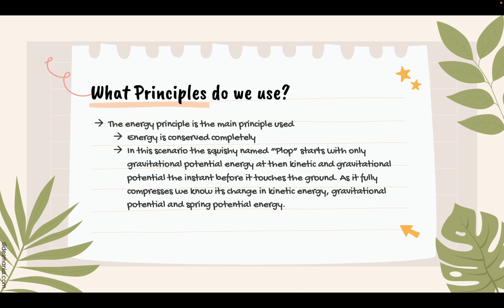At the instant right before it touches the ground, it's still not compressed, so we know it has just kinetic energy and just gravitational potential energy. And then as it fully compresses, we can figure out the change in kinetic energy. And since we're using Tracker from the top of the Squishmallow, not the middle, we know it has gravitational potential energy and spring potential energy.